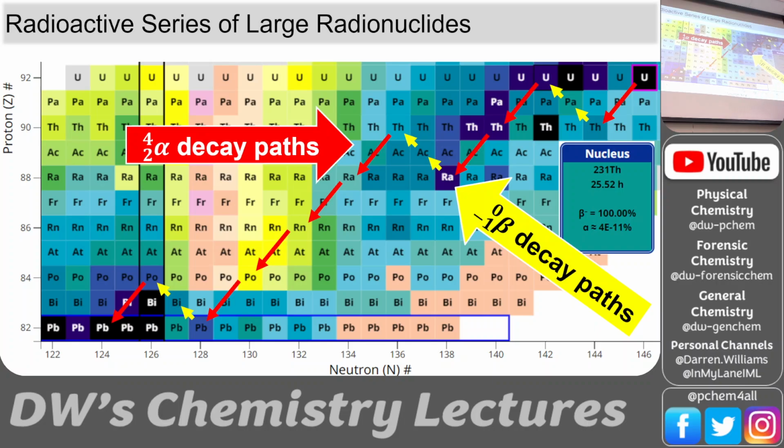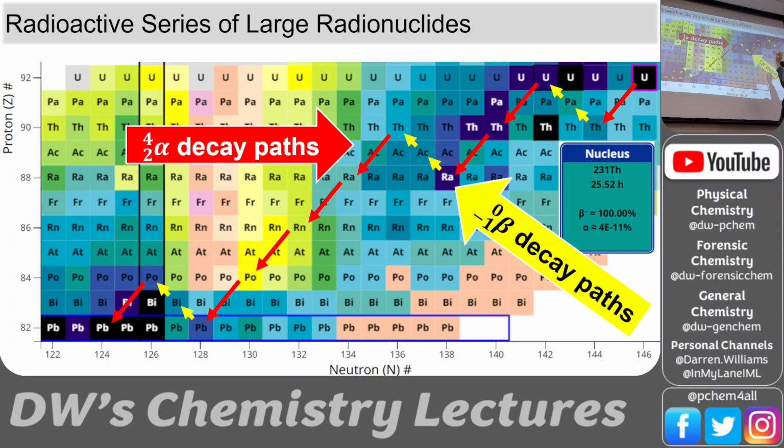So this is what's called the uranium decay path. So we start up here at uranium, and it spits out an alpha particle, it becomes thorium. And of course, thorium could spit out an alpha particle and become radium, but it could also decay by beta emission. So beta to protactinium, beta, now we're back to uranium, but we're a different isotope of uranium.